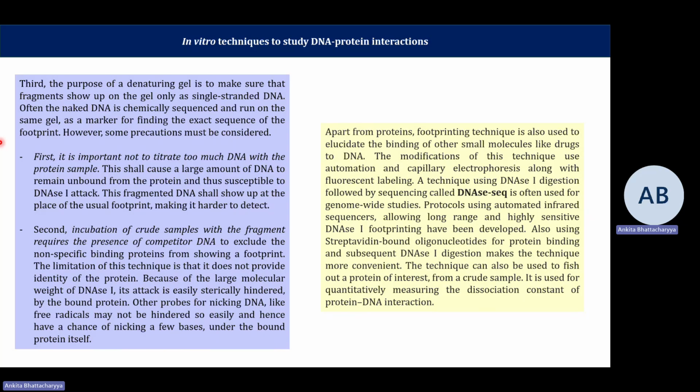Because of the large molecular weight of DNase-1, its attack gets sterically hindered by the bound protein. Other probes for nicking DNA, like free radicals, may not be hindered so easily and hence have a chance of nicking a few bases under the bound protein itself.